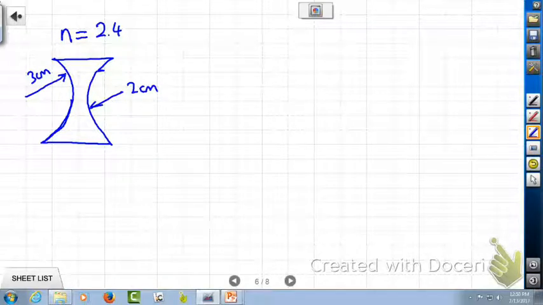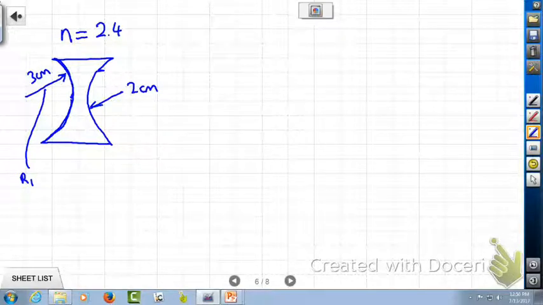R1 is the radius of the first surface you come to. So that's R1. Is that a positive 3 or a negative 3? It's in front of it.